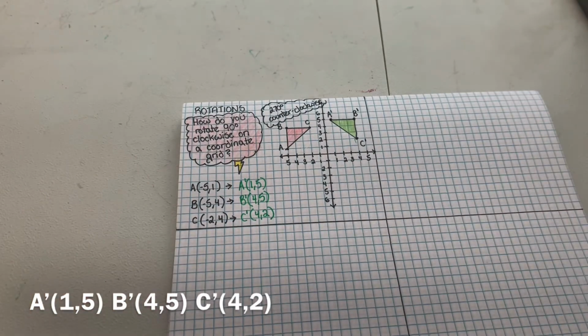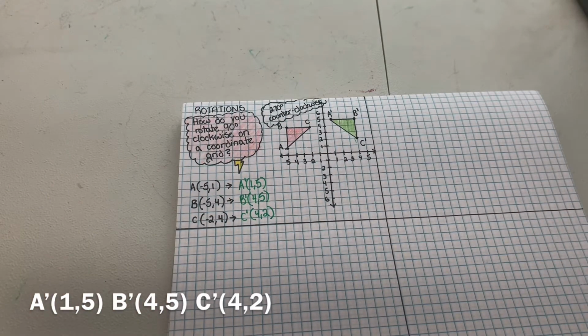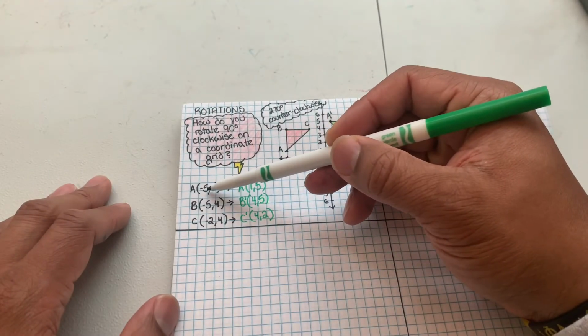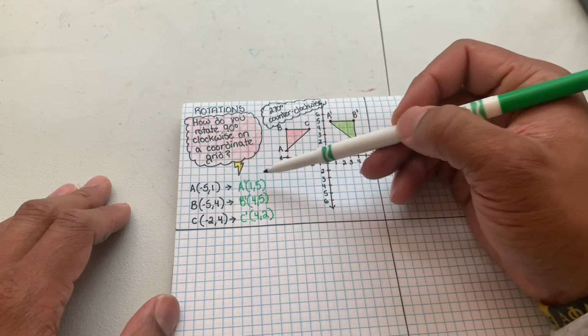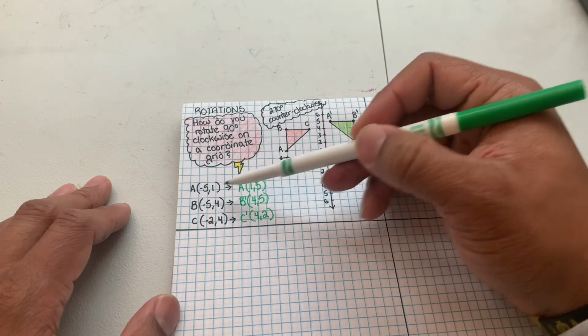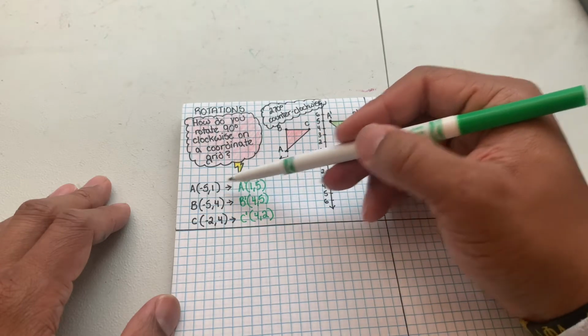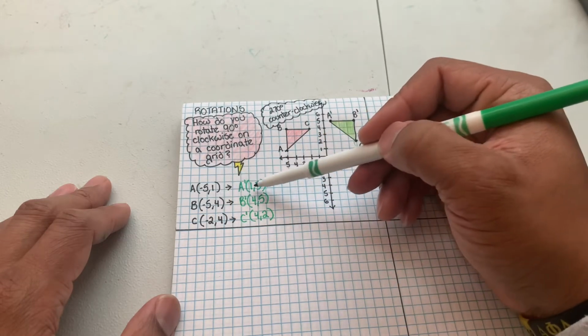Now we need a rule. Let's take a look at it and find a rule. Let's compare the points. We see the 5 switches places with the 1, and then the 1 is now where the x is.